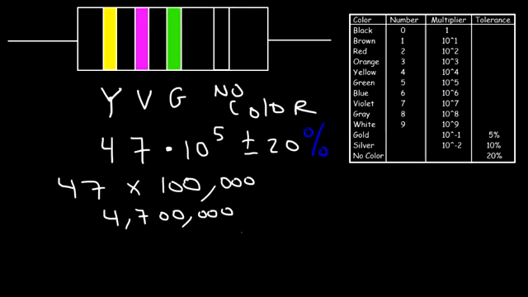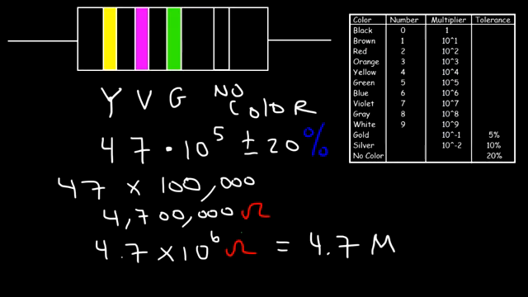So that is the resistance level in ohms, which if you put it back in scientific notation, by moving the decimal 6 units to the left, is equivalent to 4.7 times 10 to the 6 ohms. Now, 10 to the 6 is basically a million, which represents mega. Mega is equal to 10 to the 6. So you can write it as 4.7 mega ohms.